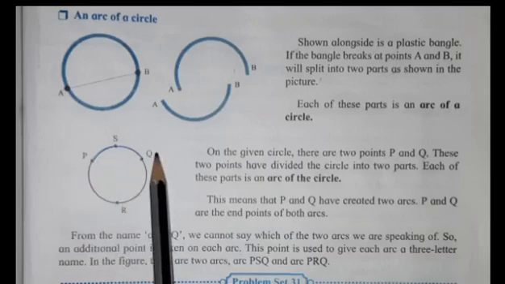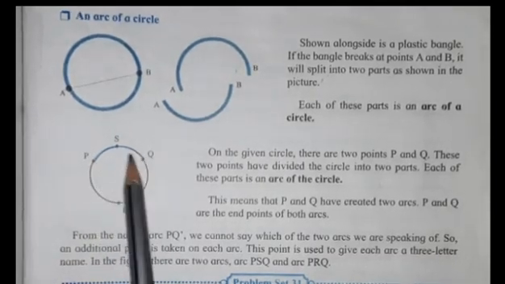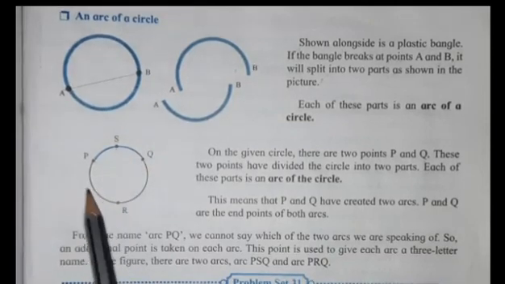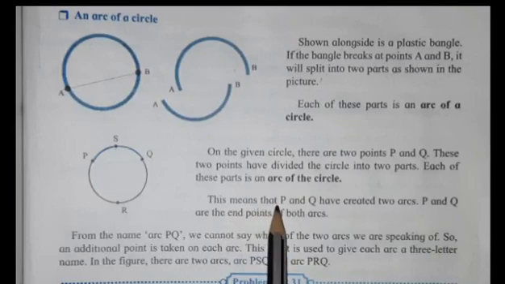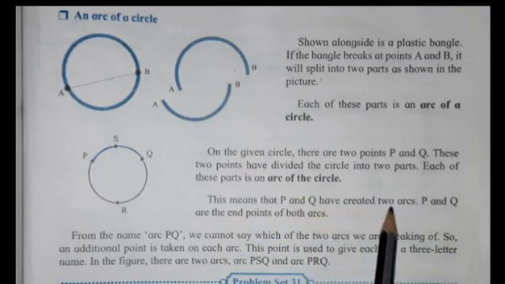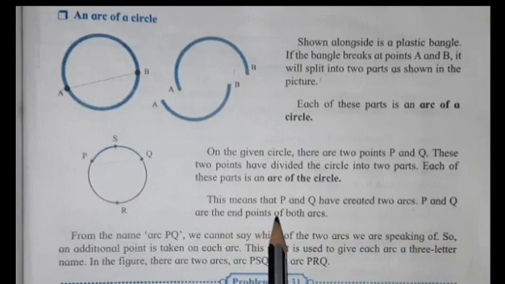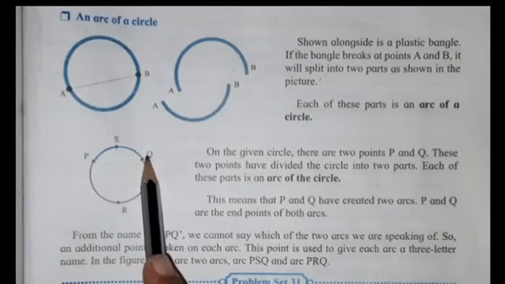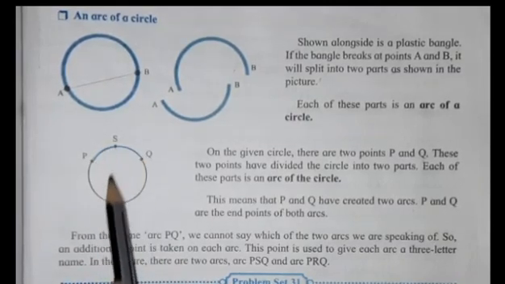This one is one arc and this is the second arc of the circle. This means that P and Q have created two arcs. P and Q are the end points of both the arcs.